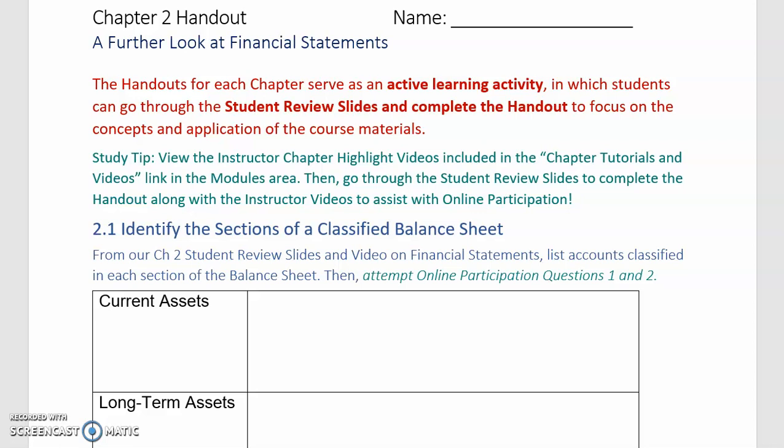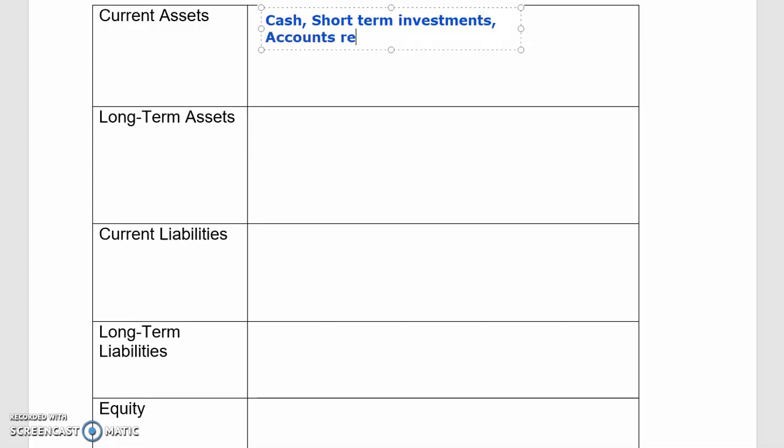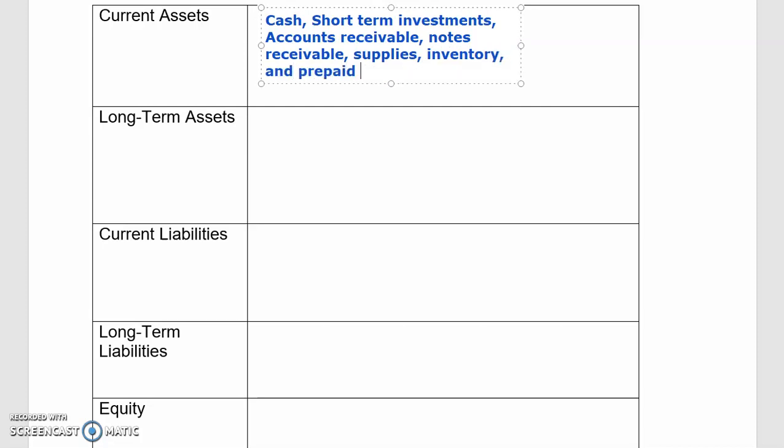First, we will start by identifying the sections of a classified balance sheet. Some of the accounts that we would include in the current assets section include cash, short-term investments, accounts receivable, notes receivable, supplies, inventory, and prepaid expenses.